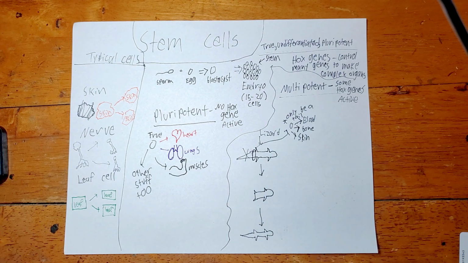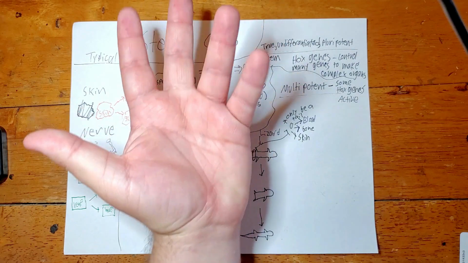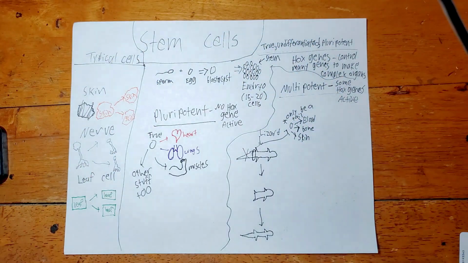If we think about this, the same thing applies to plants and animals. The reason humans can't regrow, if I look at my arm here, if I lost this hand, it would never grow back because I don't have any stem cells in my hand.